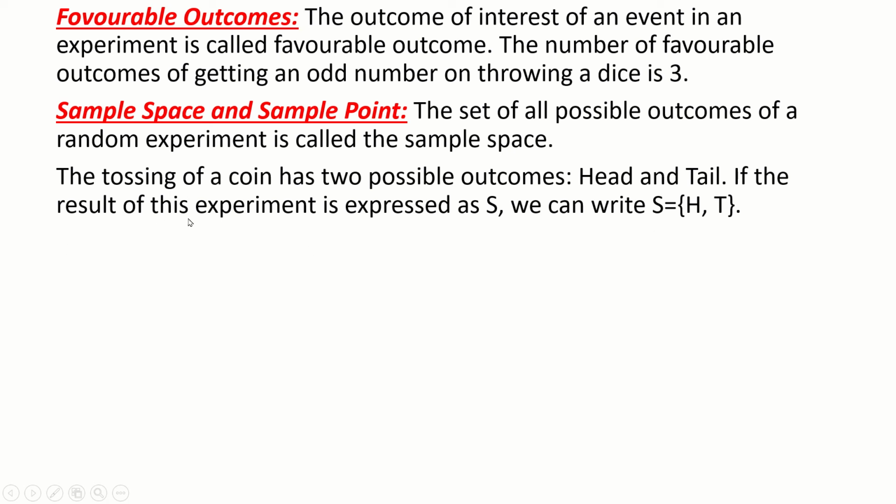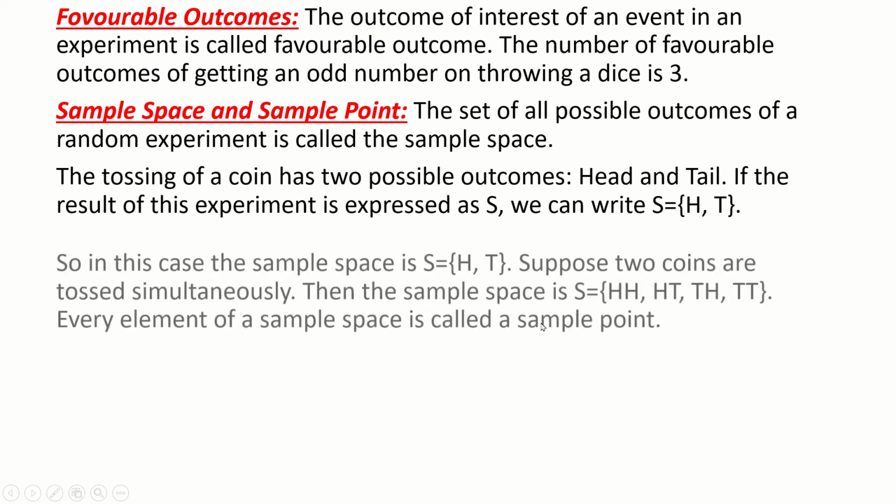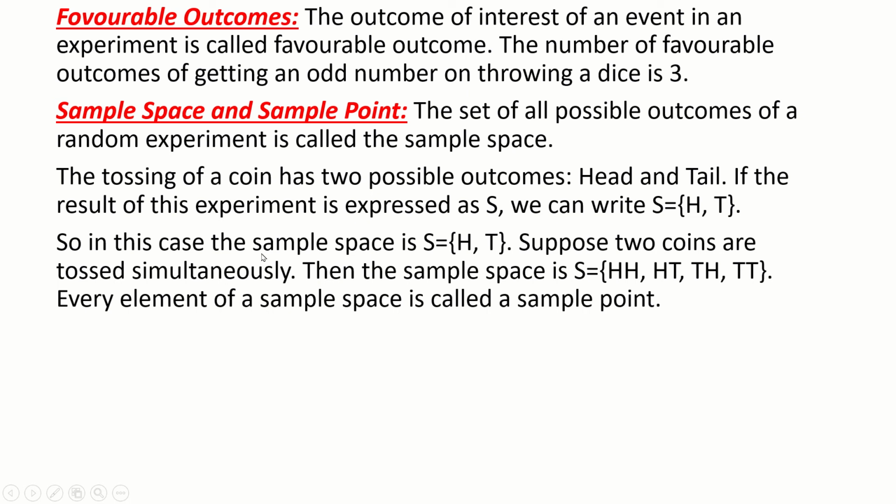If the result of this experiment is expressed as S, we can write S is equal to {H, T}. This is a sample space. Suppose 2 coins are tossed simultaneously, then the sample space is HH, HT, TH and TT.